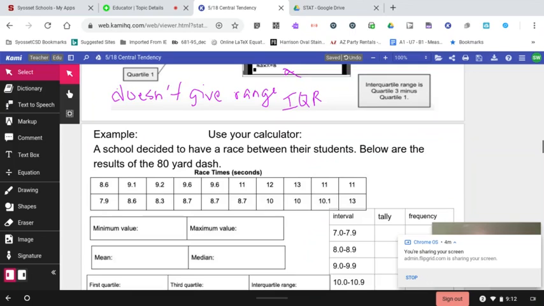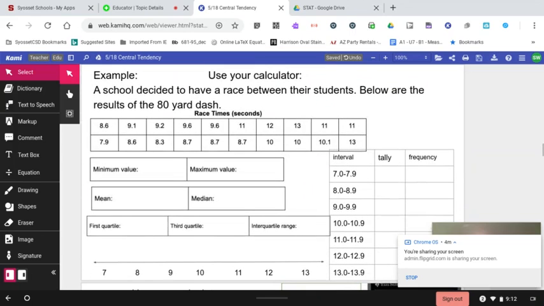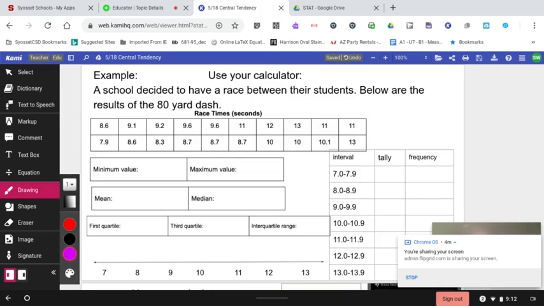So if I look at my next slide, I have a set of data here. And if I go to my calculator, I can find the min, the max. I can find the mean. The mean would be x bar.